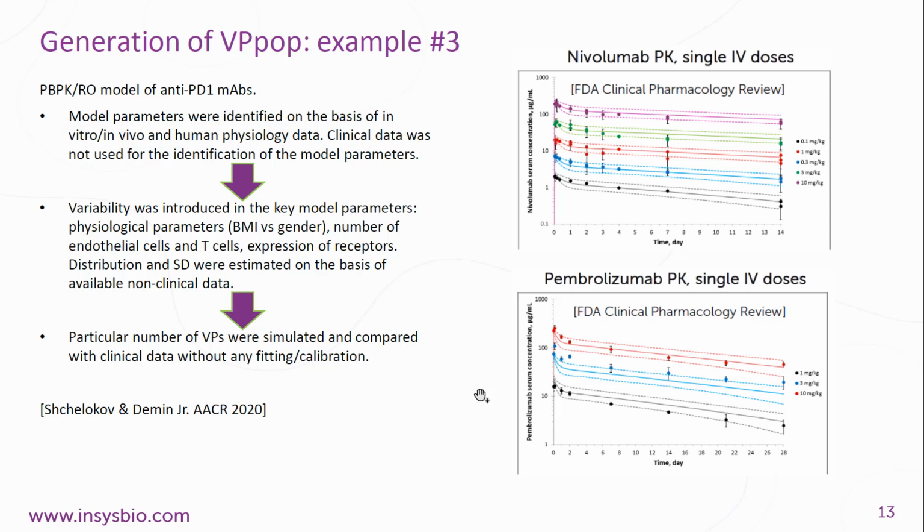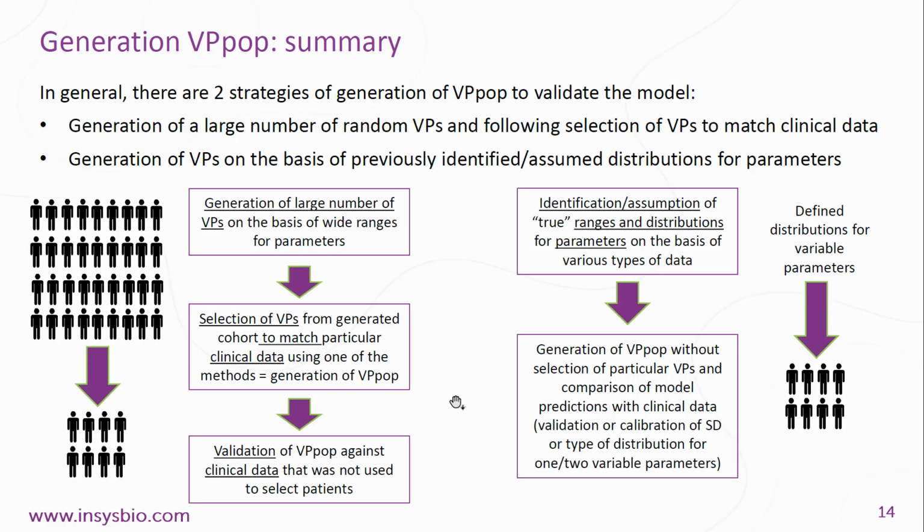So again, here the variability was introduced in the key model parameters such as physiological parameters, number of endothelial cells, T cells which express PD-1, and of course the expression of the receptors. And then we just simulate pharmacokinetics and compare it with the clinical data. You can see the examples of the validation on the right side of the slide.